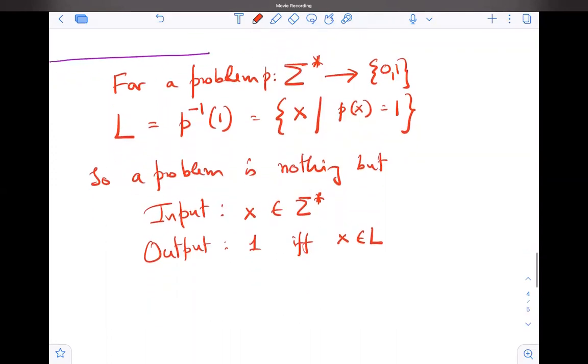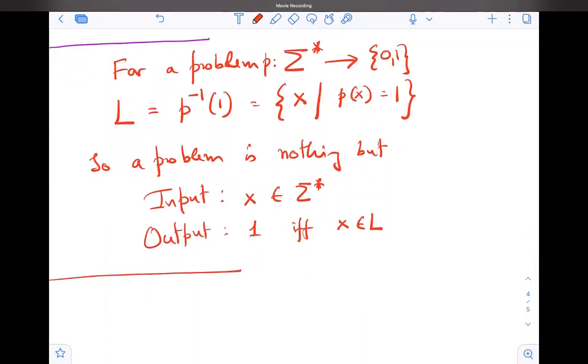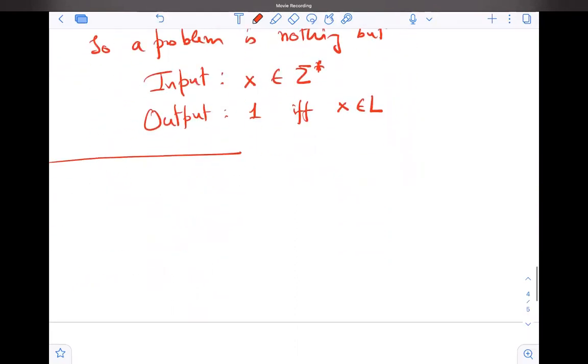Now, once you have this, I can define this set of all languages. What is P?